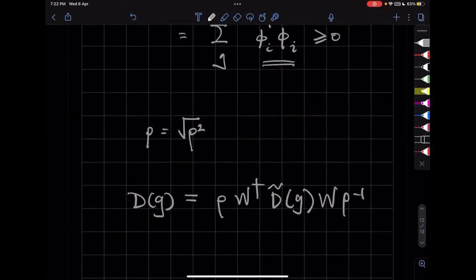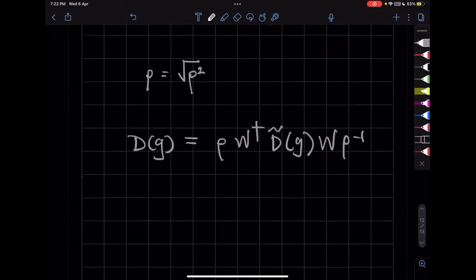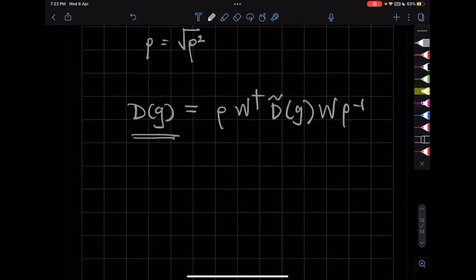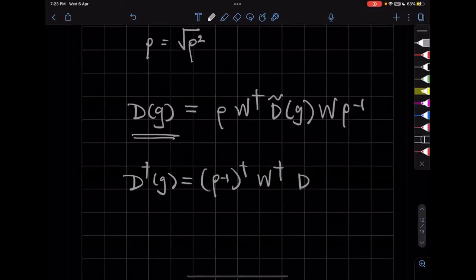We're assuming that rho inverse exists, and you can show that it does exist. Okay, so this matrix I'm going to claim is a unitary matrix. And this is the unitary representation that we were looking for. So D dagger of G is then going to be rho inverse dagger, W dagger, D tilde dagger of G, W rho dagger.